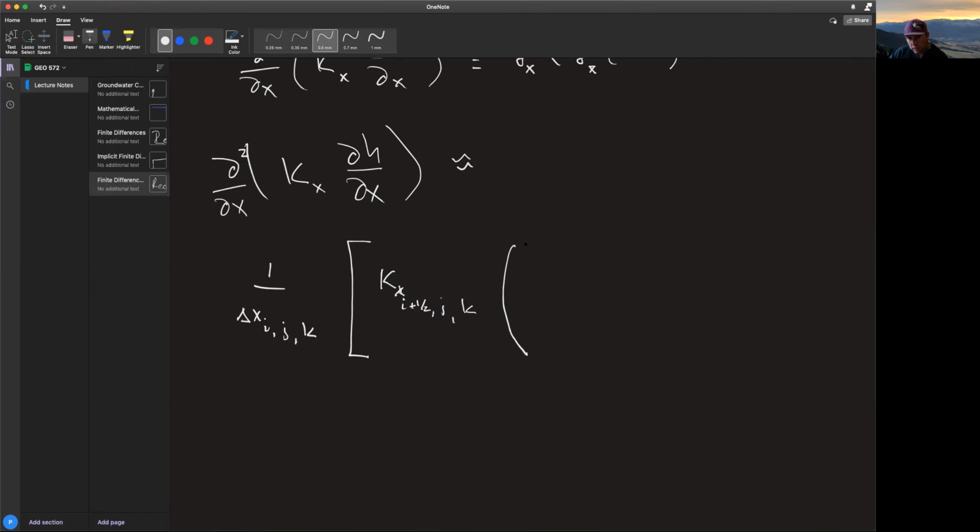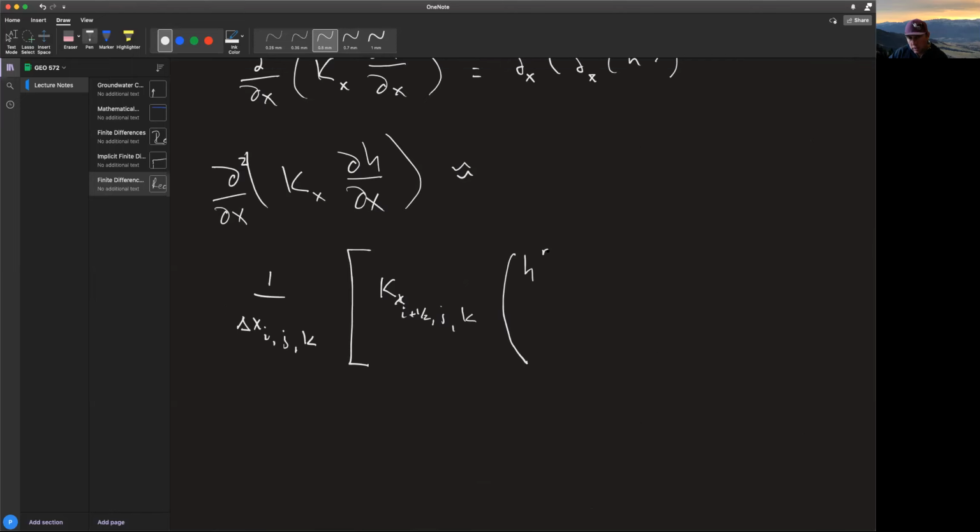So this will be h n plus 1, h sub i plus 1, j, k. So we're just looking at the difference in the x direction. So just this first index for x is increased. These other two are staying the same. Okay, minus h i j k, n plus 1.